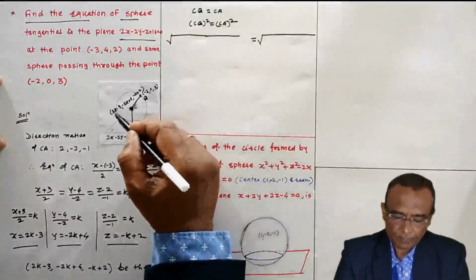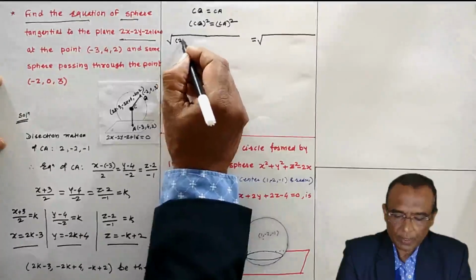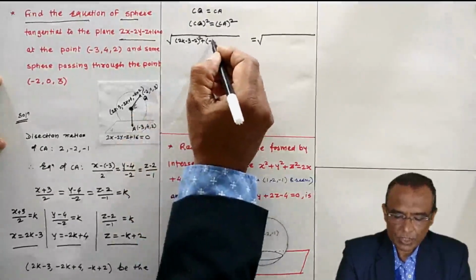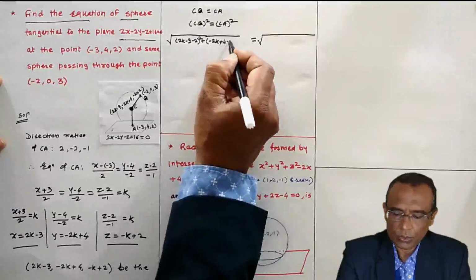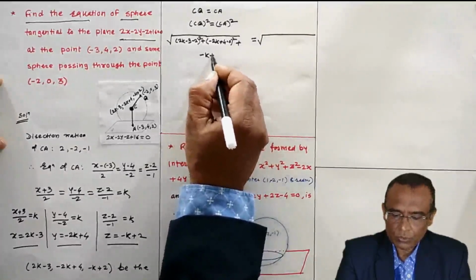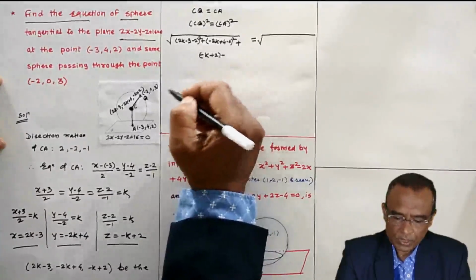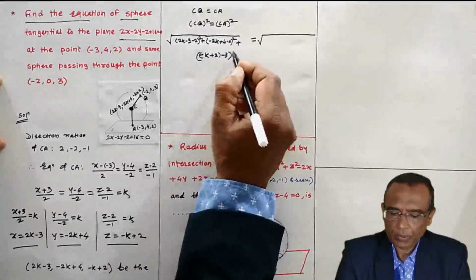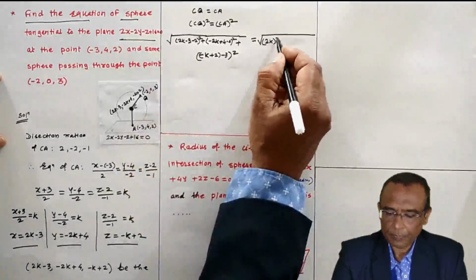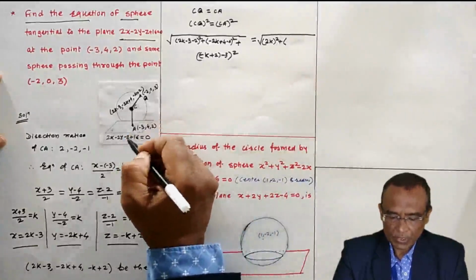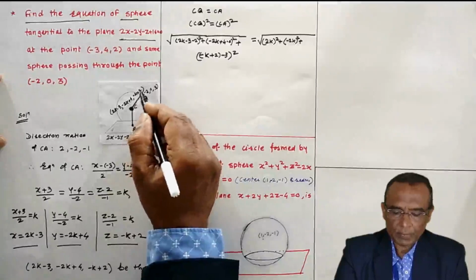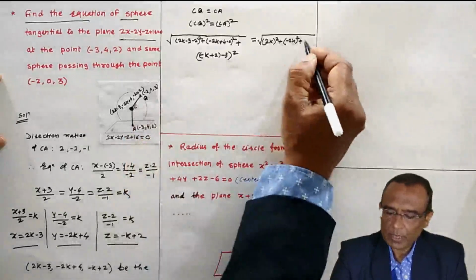So by the distance formula, how do you find it? The square root of (2k - 3 - 2)^2 plus (-2k + 4 - 0)^2 plus (-k + 2 - 3)^2 equals the square root of (2k - 3 + 3)^2 plus (-2k + 4 - 4)^2 plus (-k + 2 + 2)^2.